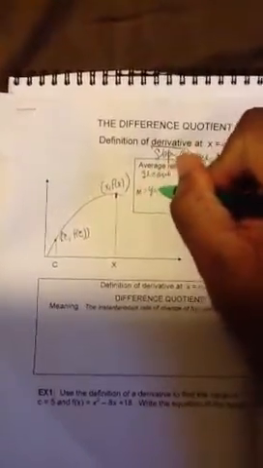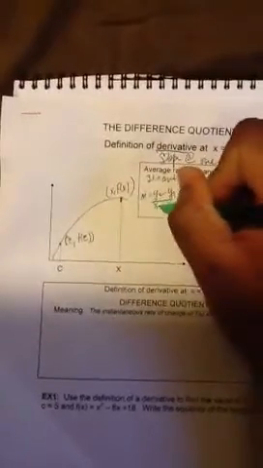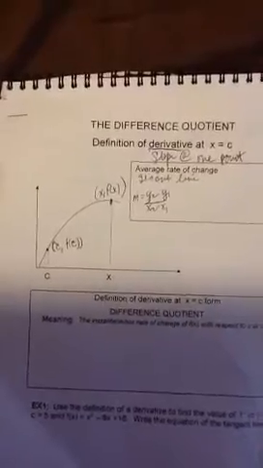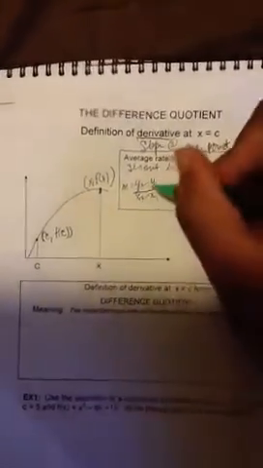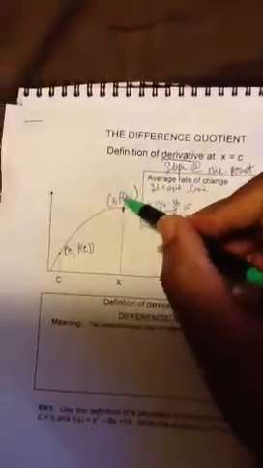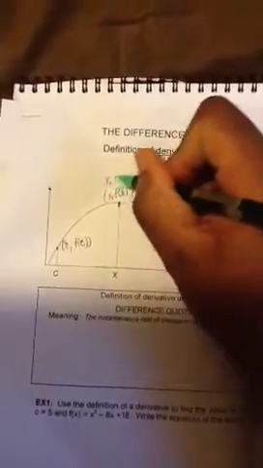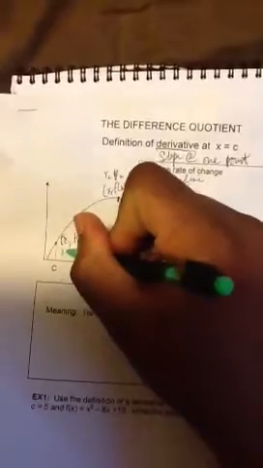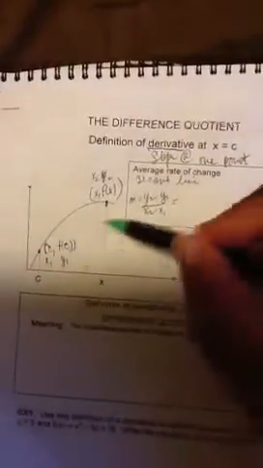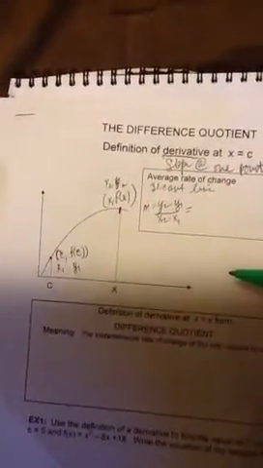M is equal to y sub 2 minus y sub 1 over x sub 2 minus x sub 1. Remember that equation from algebra, geometry, all your math classes, right? So I wanted to find that slope. I know that this has to be my x sub 2, y sub 2, and this is my x sub 1, y sub 1. It doesn't matter, but since this is the second point on the function, the one furthest to the right, I'm going to call it x sub 2, y sub 2.